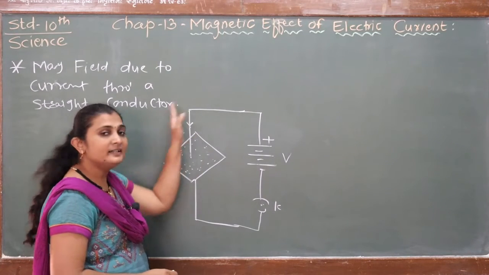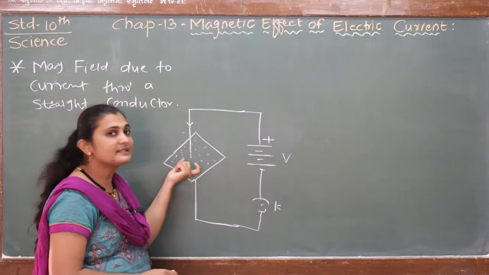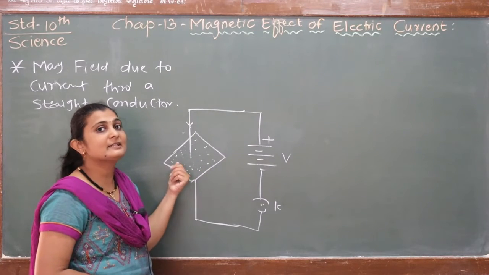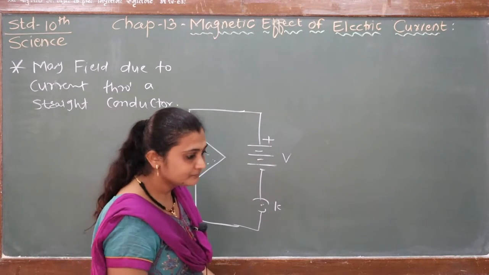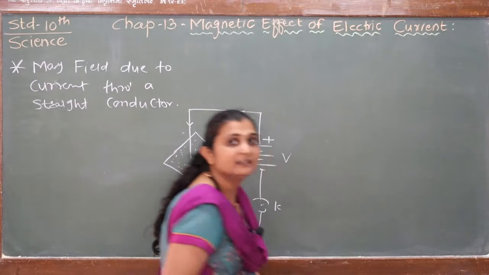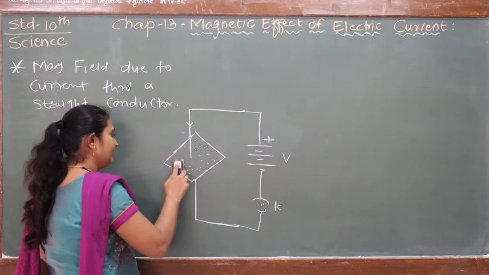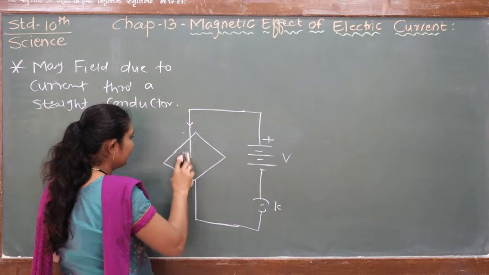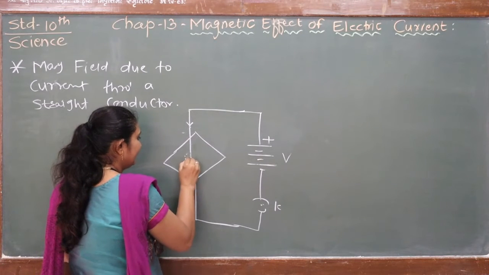Now when current is flowing through the circuit, observe these iron filings. These iron filings arrange in a specific pattern. Now how are the iron filings arranged? When current is flowing through the circuit, these iron filings arrange like this.